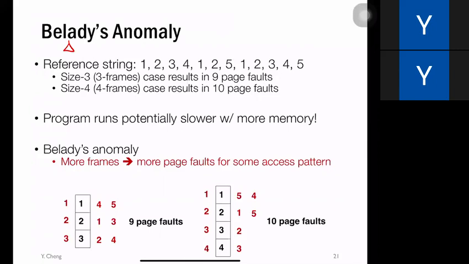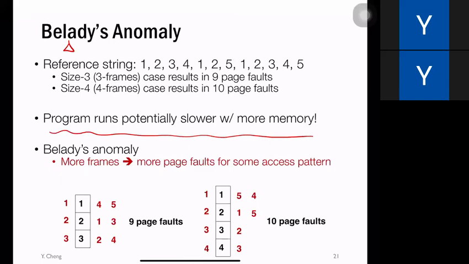And in the next couple of videos, we'll be talking more about Belady's offline algorithm, okay? But here, Belady's anomaly is a term that is used to describe what we have seen in the previous slide, where essentially the program runs potentially slower with even more memory.